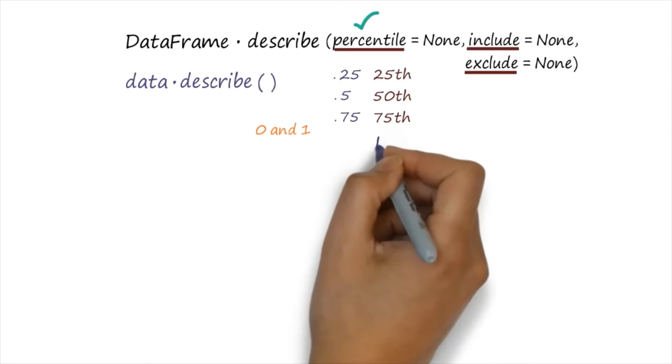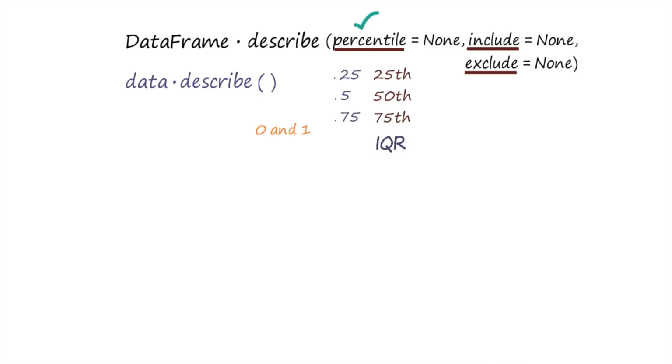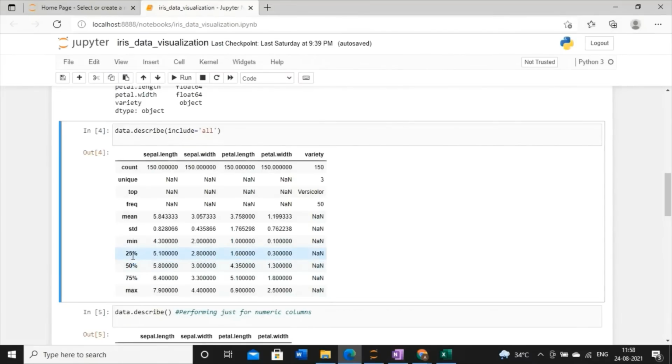And what is this interquartile range concept? I have already provided one detailed video on this. Mathematically, I explained what the interquartile range is and how you can find it. Basically, this percentile is used to find out all these values. So that's why you are getting the statistics of the 25th, 50th and 75th percentile of your data frame and its corresponding value column-wise. And max, mean, standard deviation it is providing.